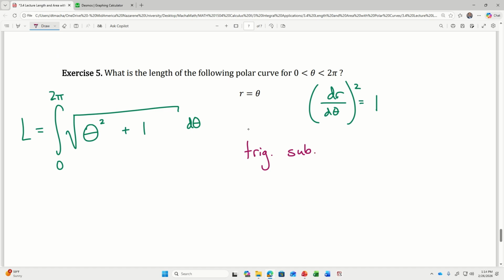We see a variable squared plus a constant squared. And so trig sub would tell me, let's substitute u equals a times tangent theta. Except we're not going to use theta for our trig sub because we already have a theta variable. And so we're going to have to pick out a different variable, like maybe phi.